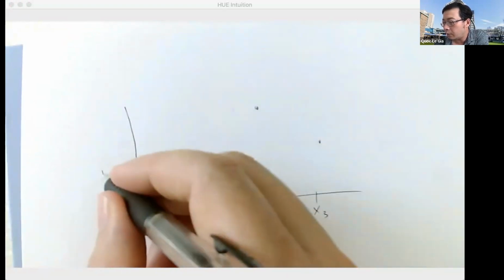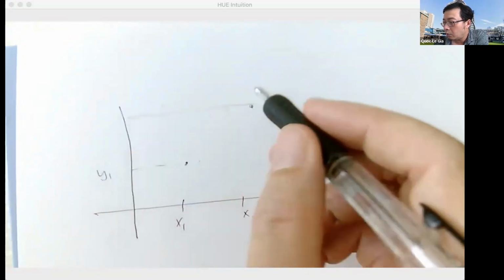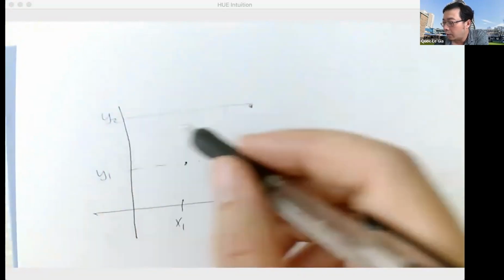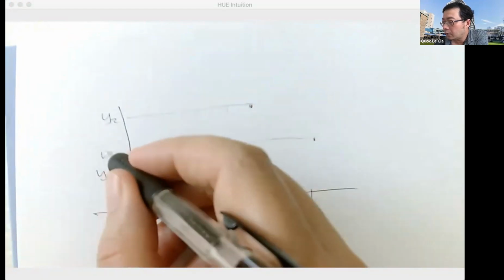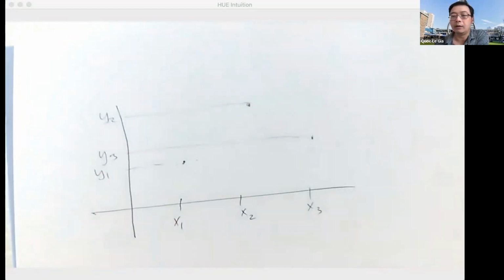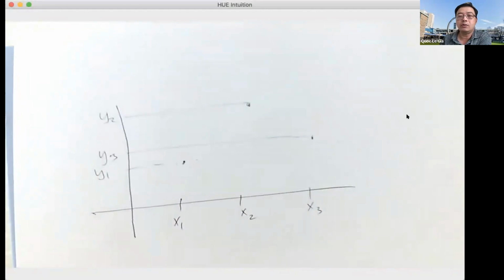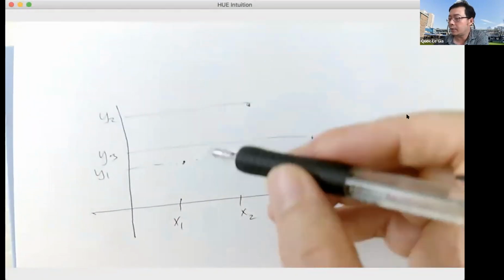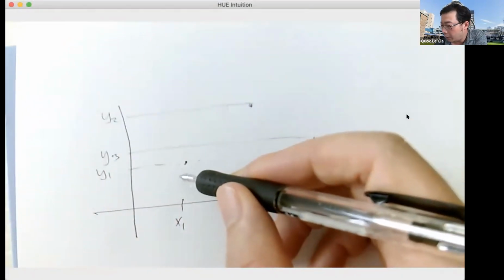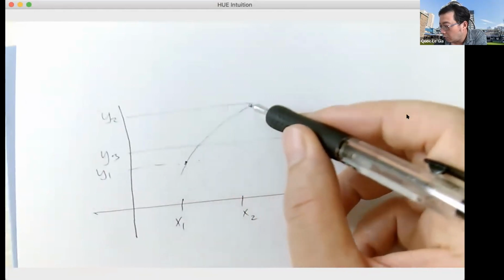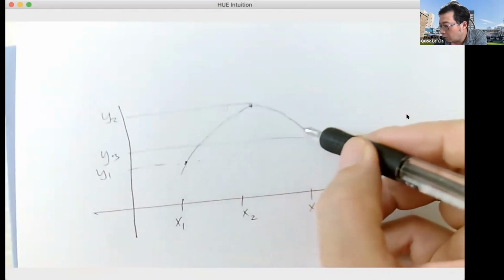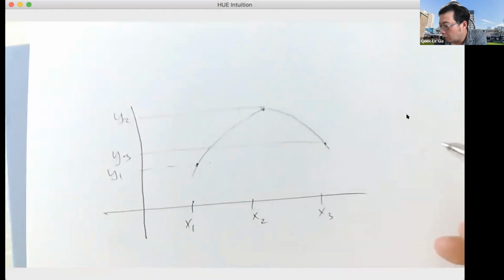So this is y1, y2, and y3. Essentially, you can assume that P2 is a parabola that goes through those 3 points.